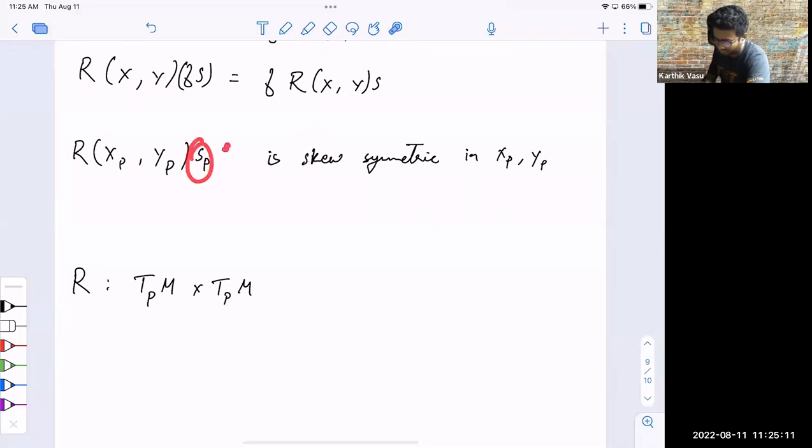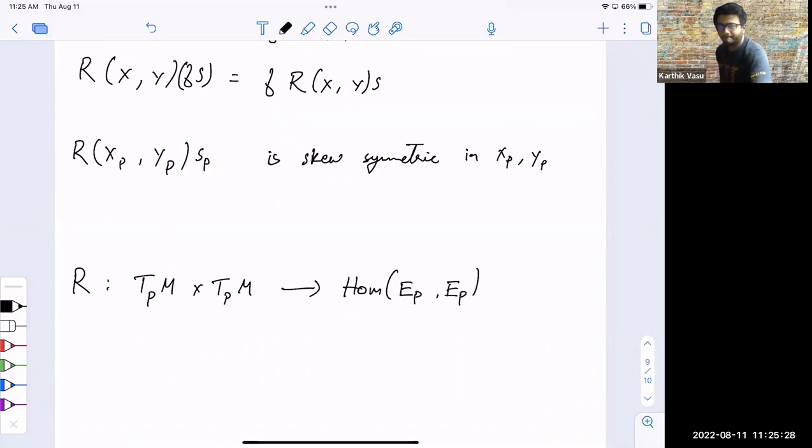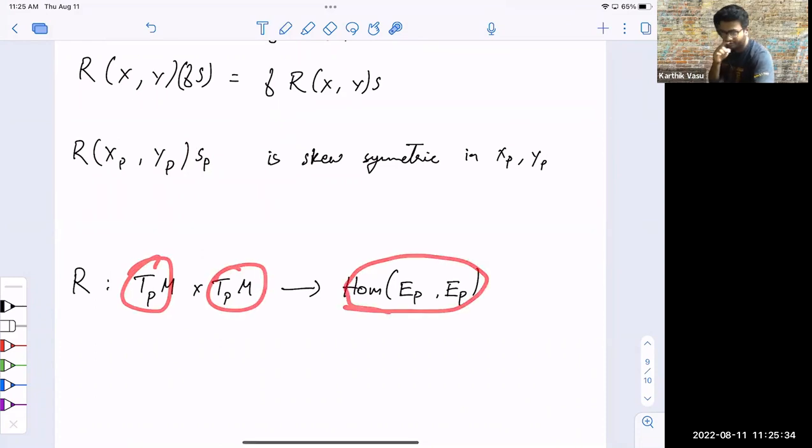So if I give two vectors, it is giving me a linear map between the sections. Or I can write it as a homomorphism like this. So if I give you two tangent vectors, I'm getting a homomorphism of my vector spaces.